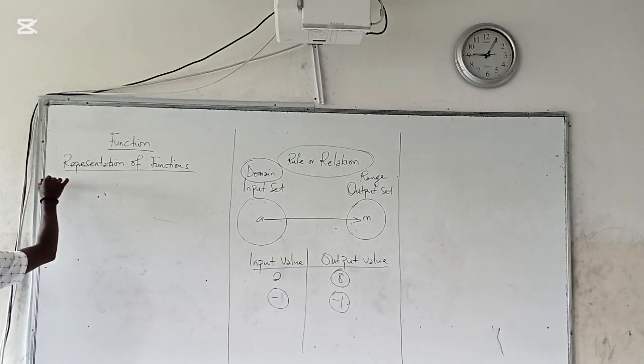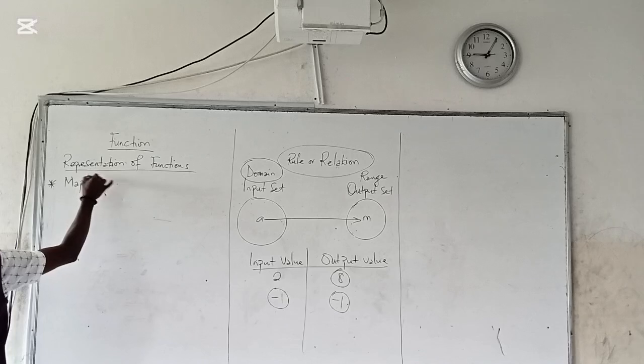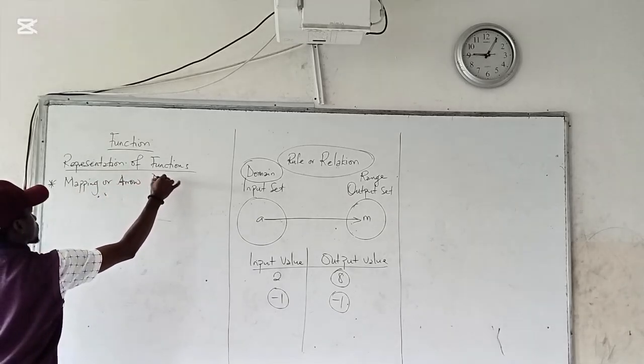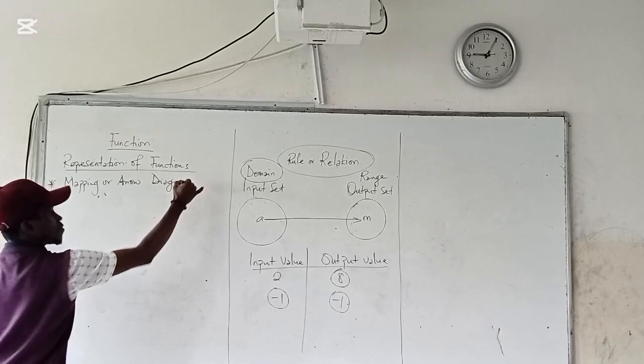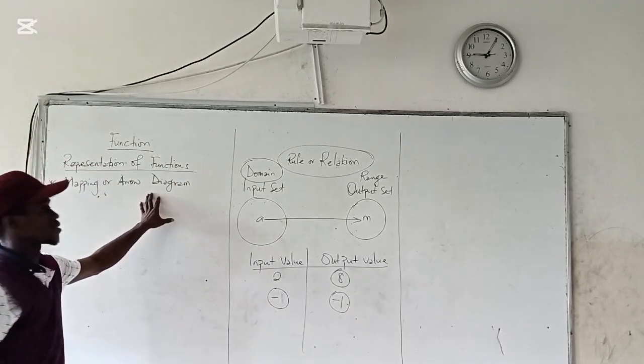Representation of functions: one of them is a mapping or arrow diagram. That's one of the ways of representing functions.